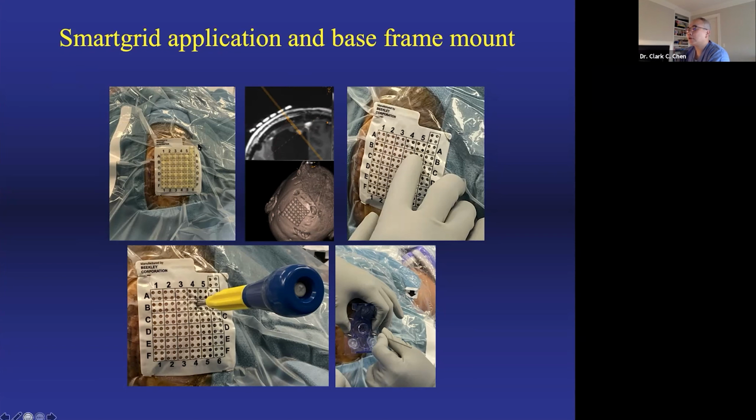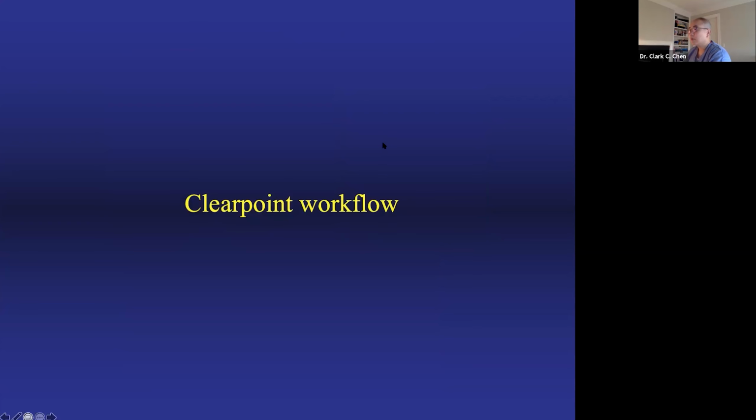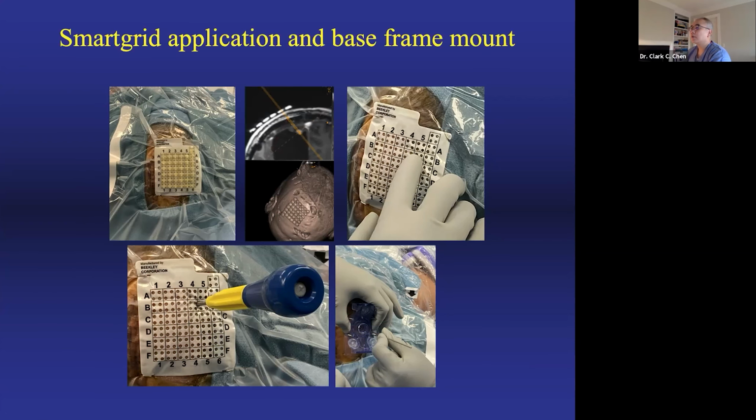This grid has two layers. The first layer has that contrast-enhancing material. Once you define the location, you can take that portion off, and you can see this is the bottom portion. From the bottom portion, again, you identify the ideal entry point. And here, what I like to do is insert a sharp instrument and make a divot in the bone, such that the instrument could stand without support. That indicates I've made a small dimple in the bone.